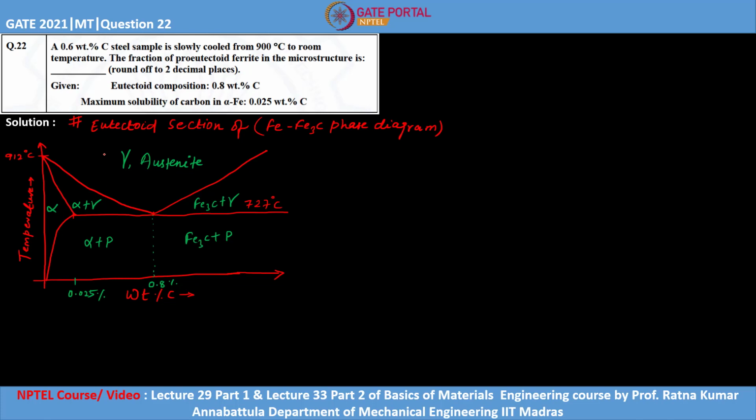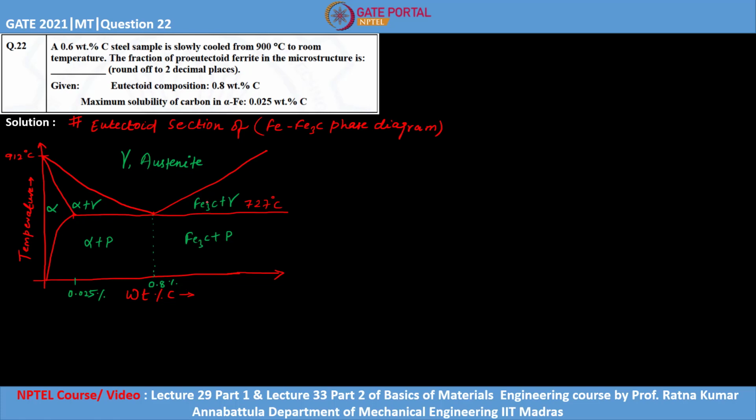And in this region, when you cool down, you have to come across this region, which is basically pro-eutectoid ferrite plus austenite. So whatever ferrite is formed before the eutectoid temperature is known as pro-eutectoid ferrite. Similarly, the right side of this eutectoid composition is known as hyper-eutectoid, and the left side is known as hypo-eutectoid.